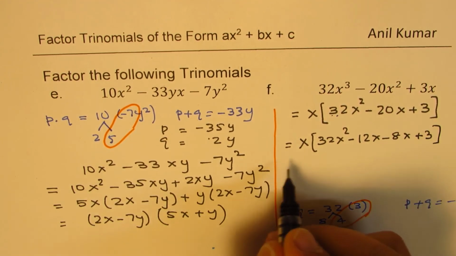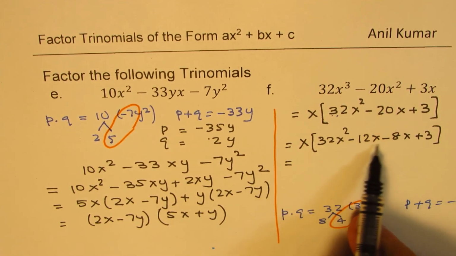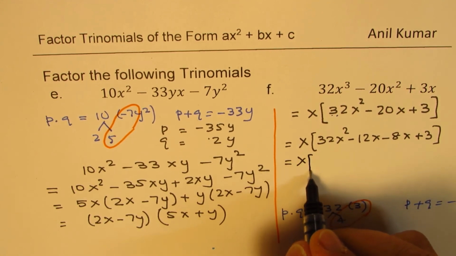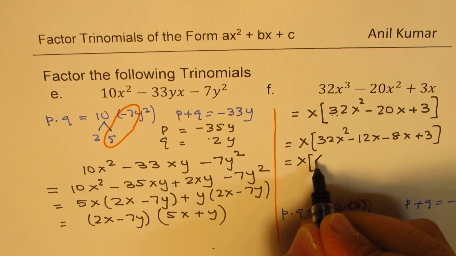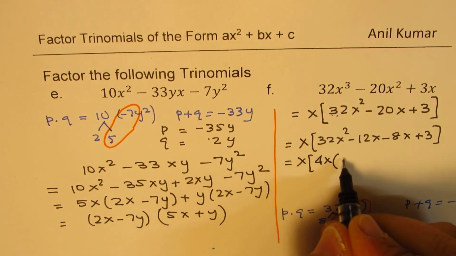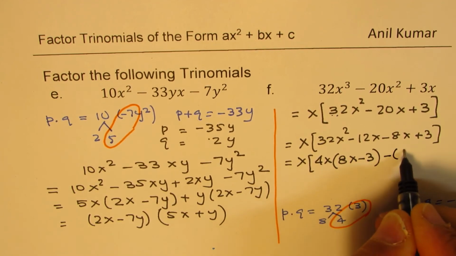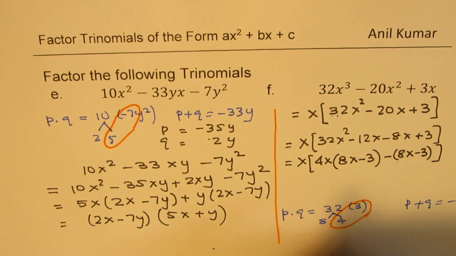Is that clear to you, right? Do you see that? Now, their sum is minus 20. The product of two negatives will be a positive. Okay. So, in the first, we have 4x common. We get 4x times 8x minus 3. Here we already have 8x minus 3 because we took minus 1 common.